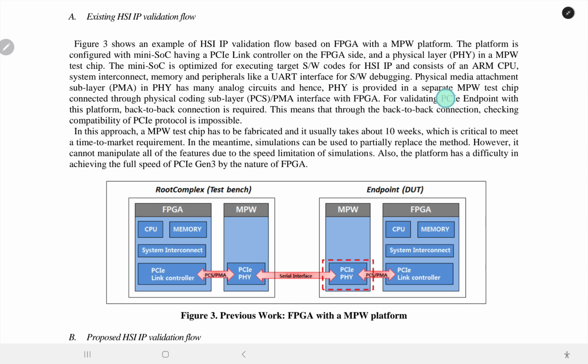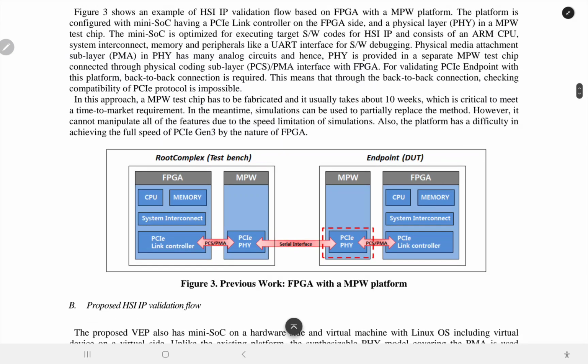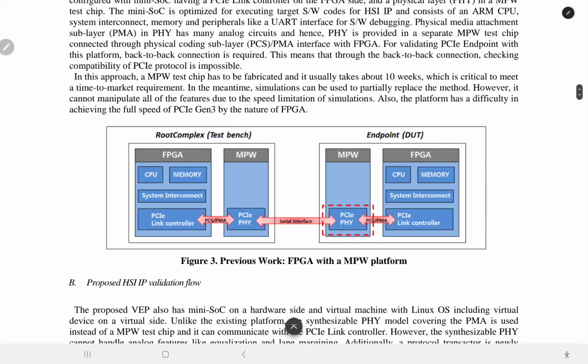For validating a PCIe endpoint with this platform, back-to-back connection is required. This means that through the back-to-back connection, checking compatibility of the PCIe protocol is impossible. In this approach, an MPW test chip has to be fabricated and it usually takes about 10 weeks, which is critical to meet a time-to-market requirement.